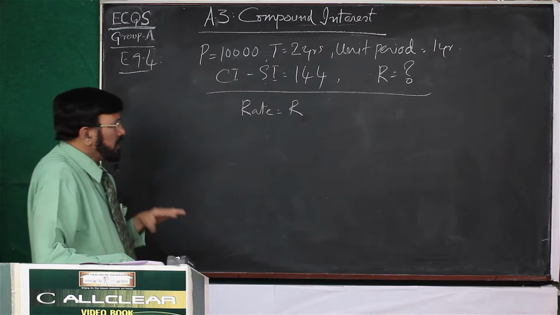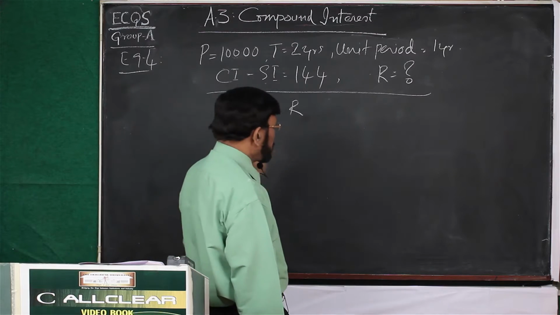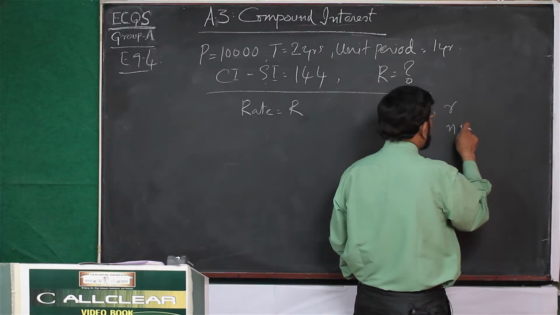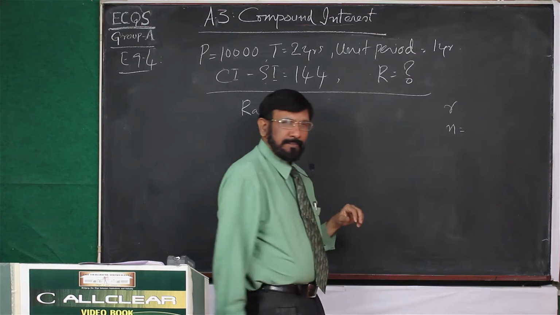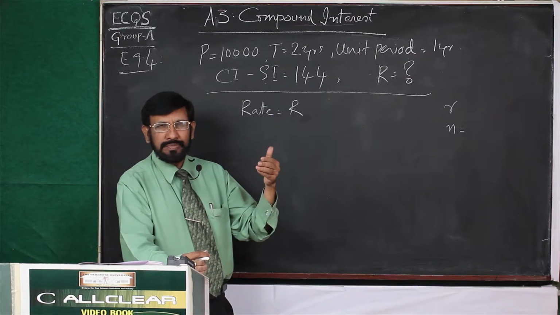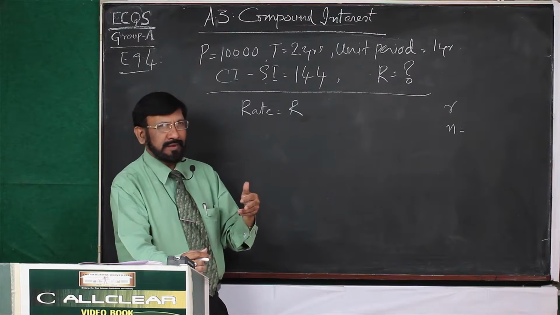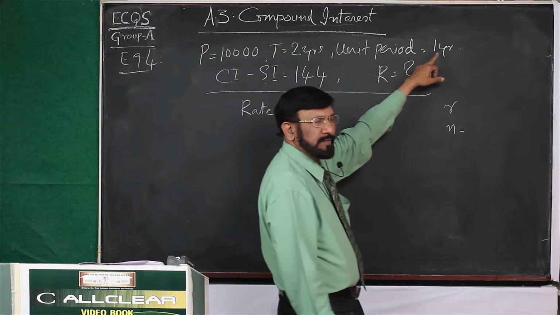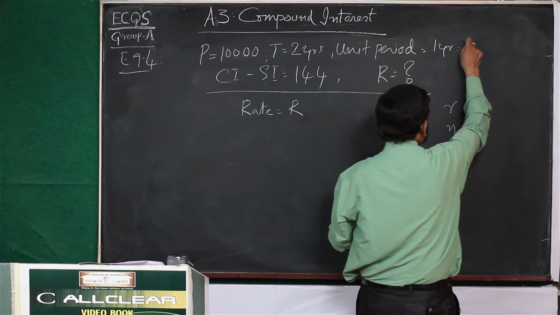Now for the sake of compound interest, what do we have to calculate? Small r and n. What is n? How many unit periods are there within 12 months? Here the unit period itself is 12 months.